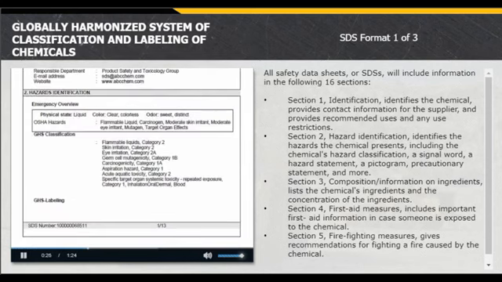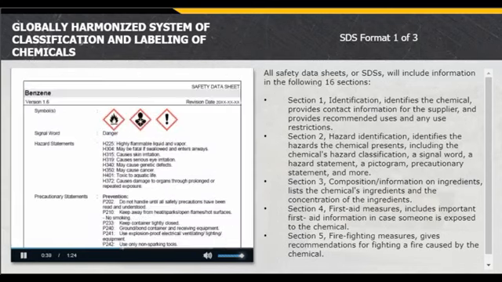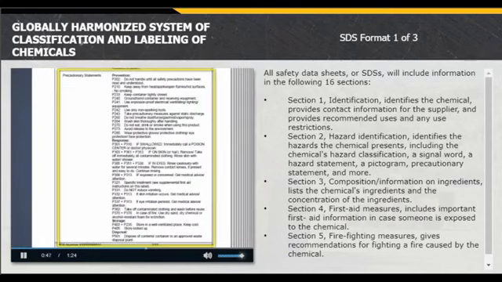Section 2. Hazard identification. Identifies the hazards the chemical presents, including the chemical's hazard classification, a signal word, a hazard statement, a pictogram, a precautionary statement, and more.